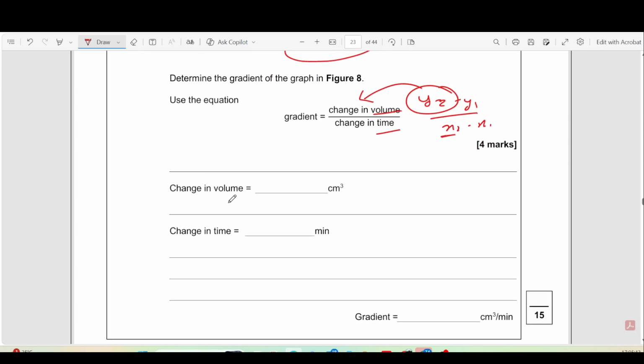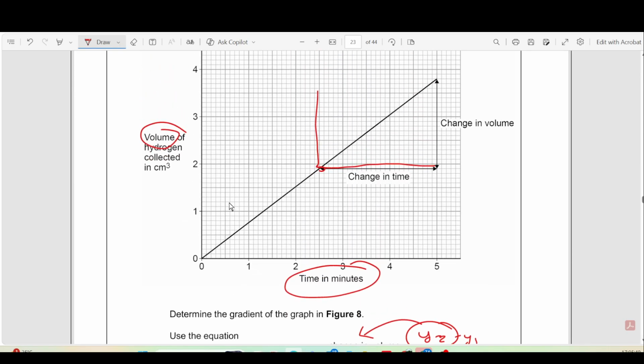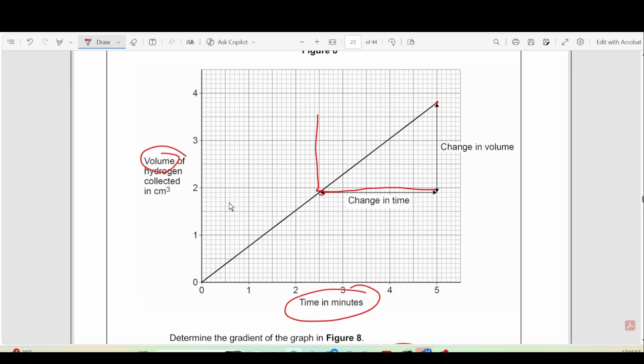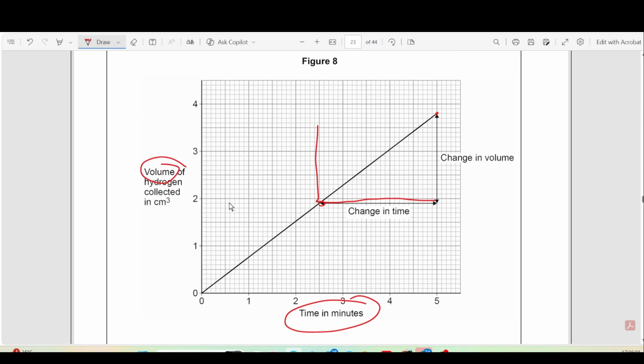Change in volume: the vertical arrow starts at this value. If you take any 2 points, you can determine the gradient. Let's say you take this point. No, not this point, because the graph is going there. Let me just erase this.